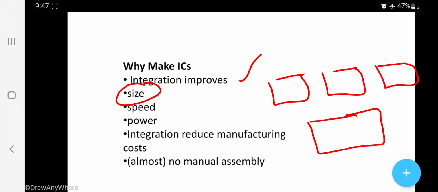Whenever we go for integration, the size is going to be very less, and speed is going to increase, because of the wiring required. Earlier when you had 3 individual ICs, the wiring you had to make is external wiring between these ICs, adders, multipliers, subtractors.